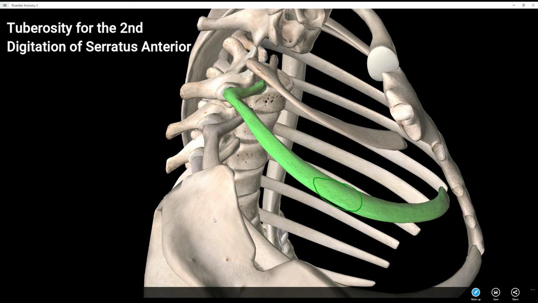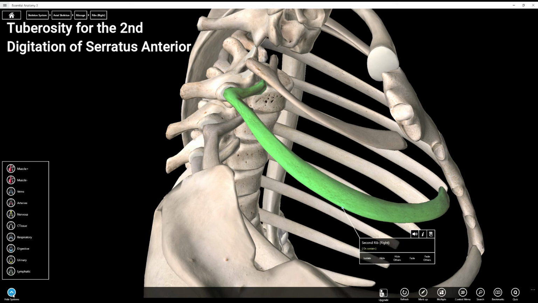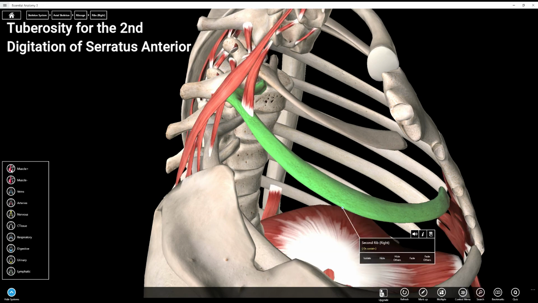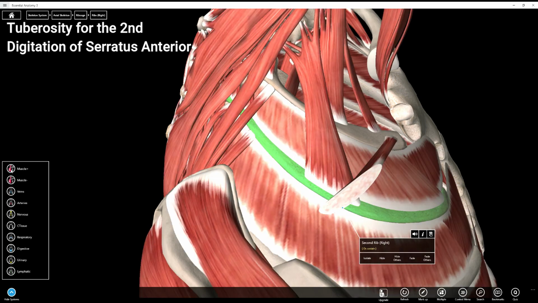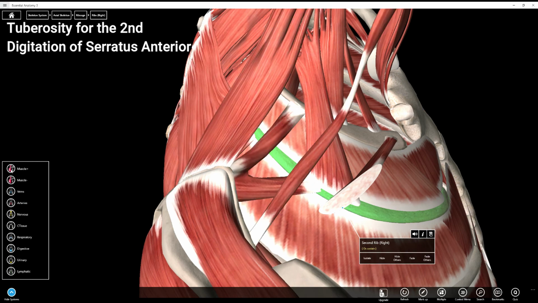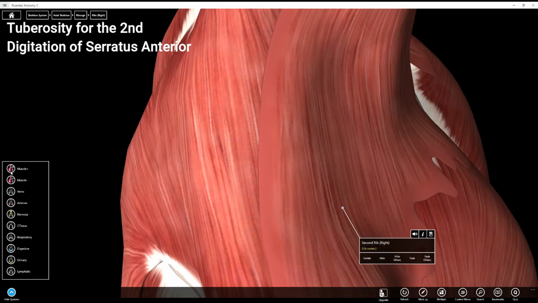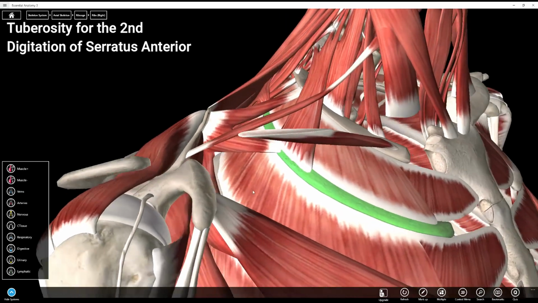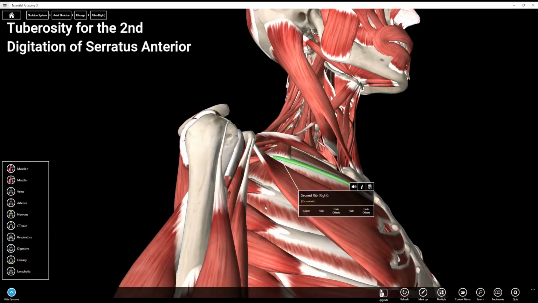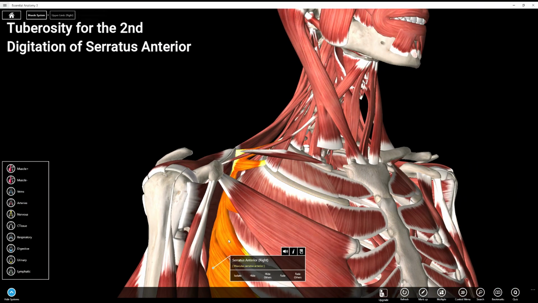Or you know what? We're here in this nice app. Maybe we will see if we can add it in. So let's slowly add some muscle in. Oh, too far. Oh yeah, okay. They did a pretty good job. There's serratus anterior.